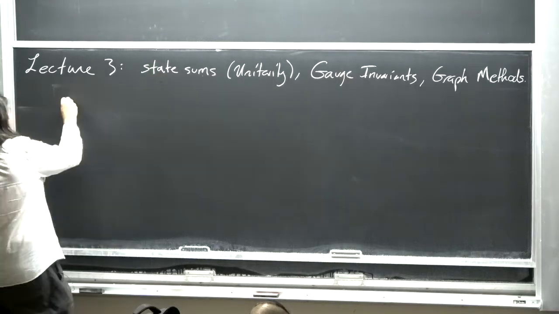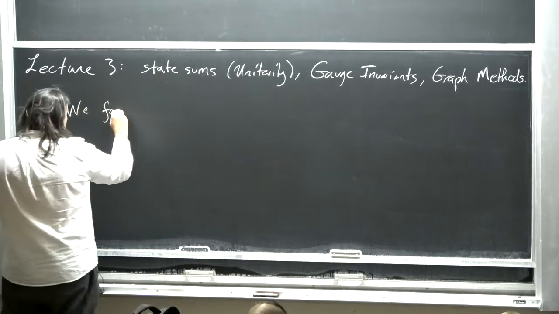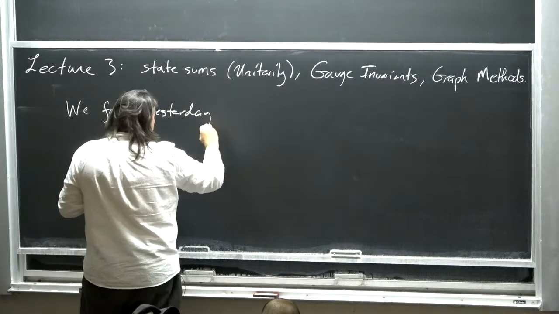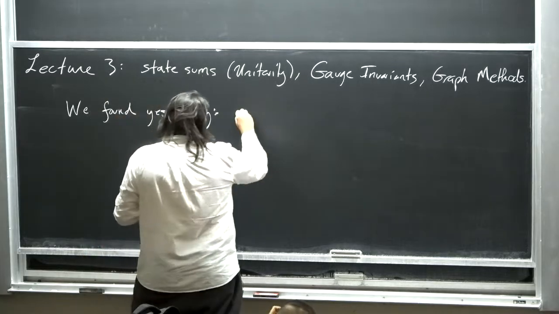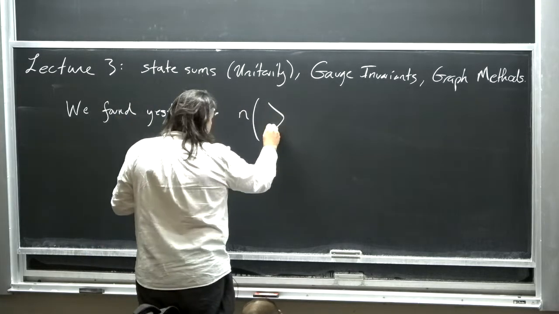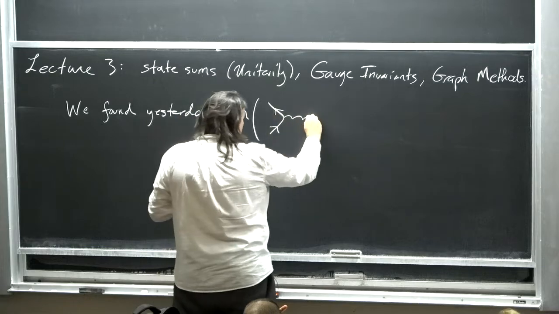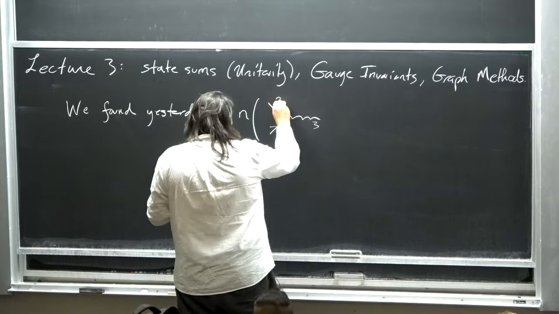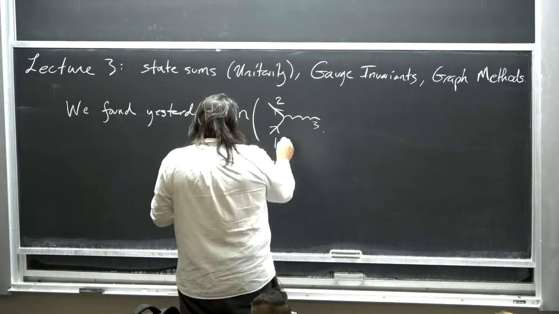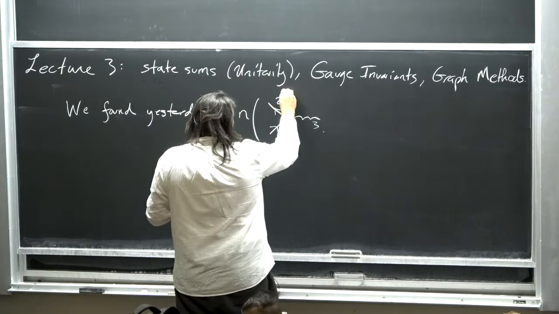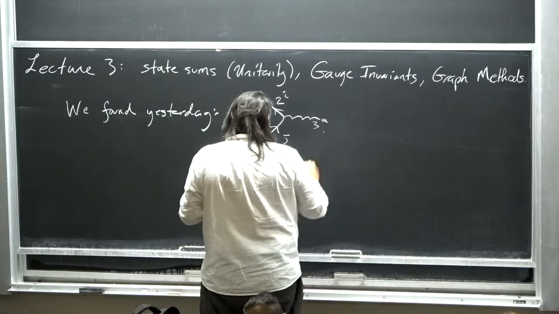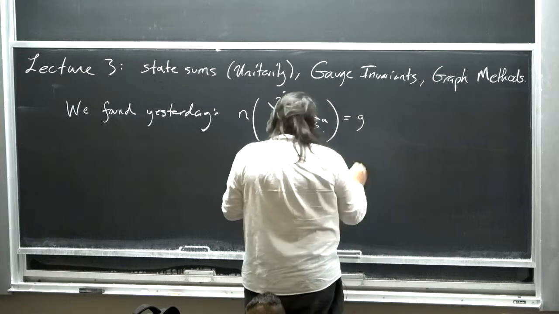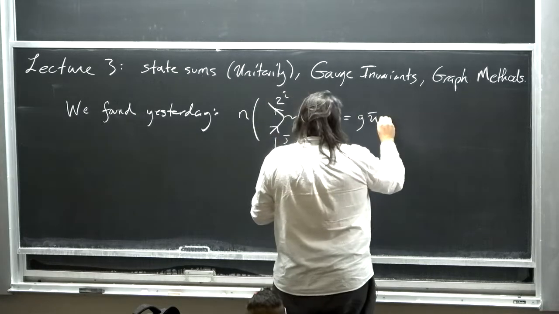Okay, so what did we find yesterday? We found that a process that has a fermion and a gluon, or a vector at least, with indices J, I, and A, at lowest order in mass dimension, goes something like this.